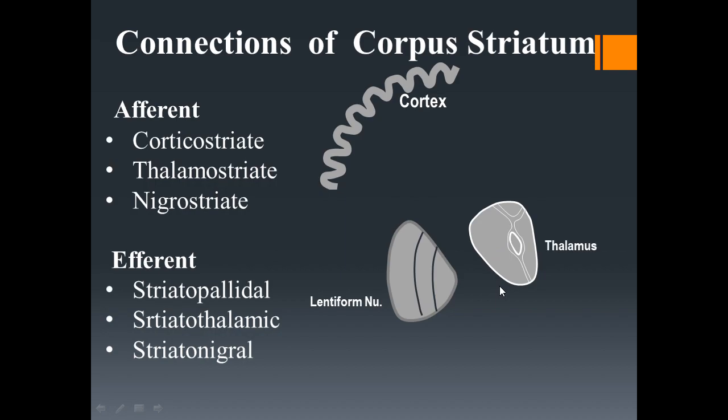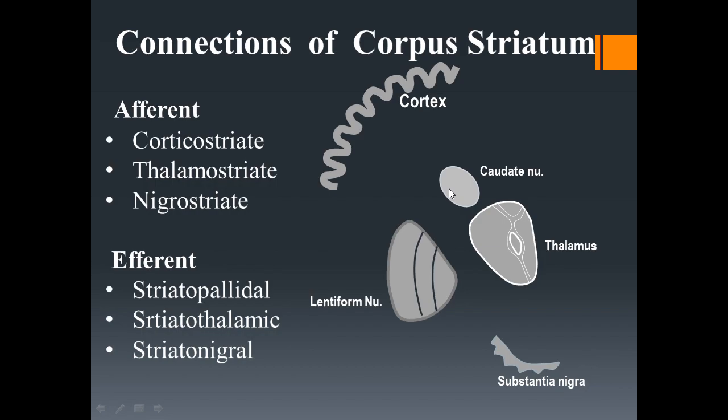This is the thalamus, caudate nucleus, and this is the substantia nigra. Now, there are three afferent fibers: the corticostriate fibers, that means from the cerebral cortex to the corpus striatum.